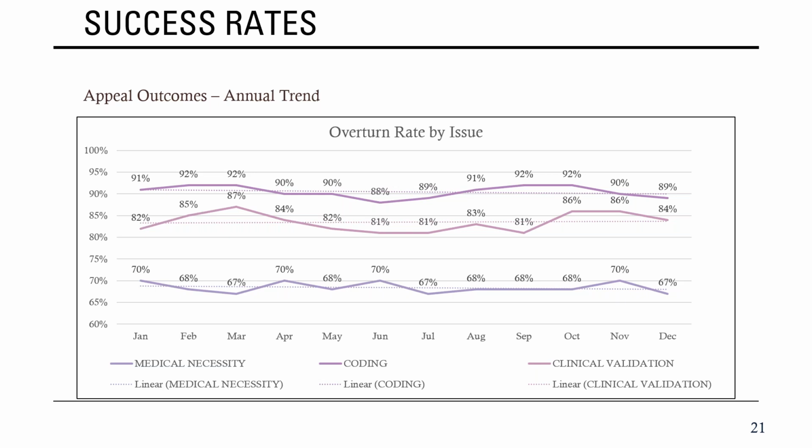Our top one, which is our coding, dropped a little bit, not a lot. Clinical validation stayed pretty steady. Medical necessity has stayed pretty steady. So that's a good annual trend to look at. And I would make these rolling, so not just January through December, but now we're into April, May, so look at the past 12 months. What does it look like for the past 12 months?